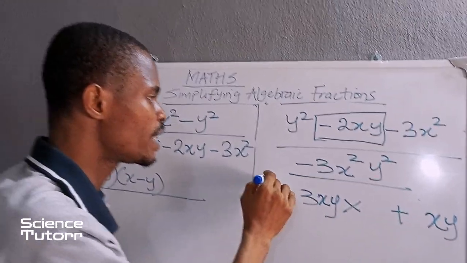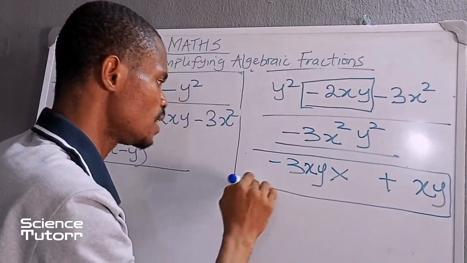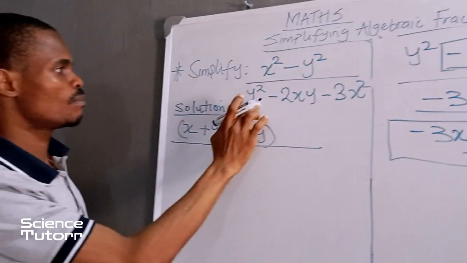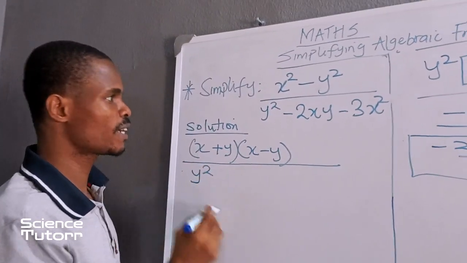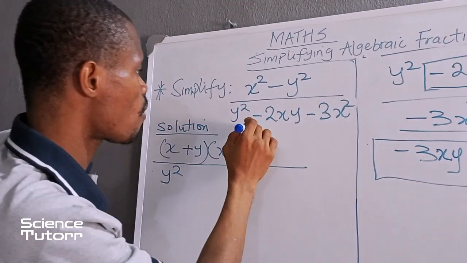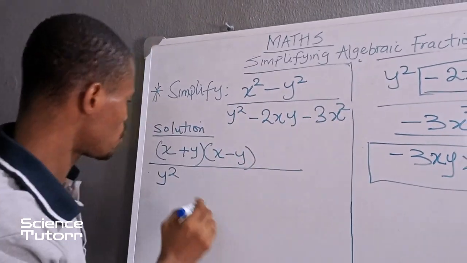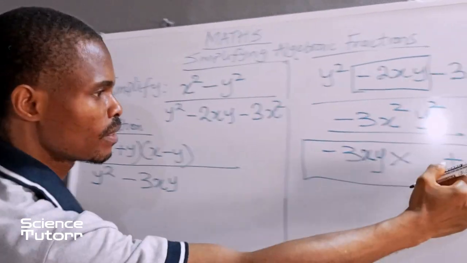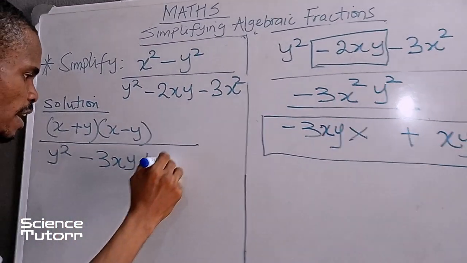So I'm going to bring in both of these into the denominator rather. So it's going to give me, remember I have y squared. So in place of the middle term, I'm going to introduce minus 3xy plus xy.